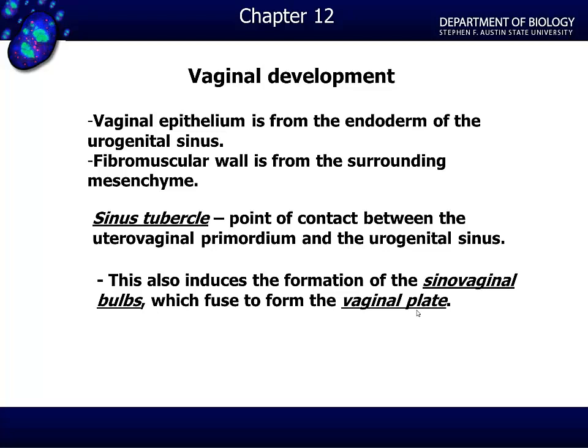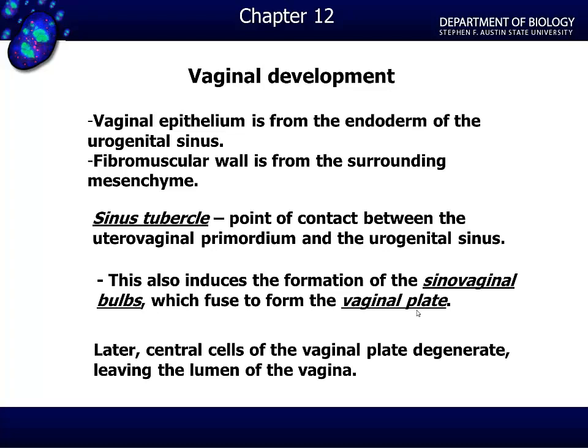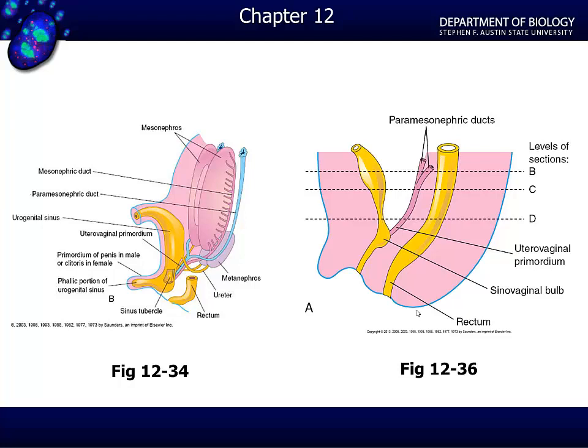Now, the sinovaginal bulbs are going to fuse together, and this is going to form a solid column of tissue called the vaginal plate. Now, as we've seen in our alimentary canal, the central portion of this solid column of tissue is going to degenerate and hollow out. We call that canalize. And this is going to leave the lumen of the vaginal canal.